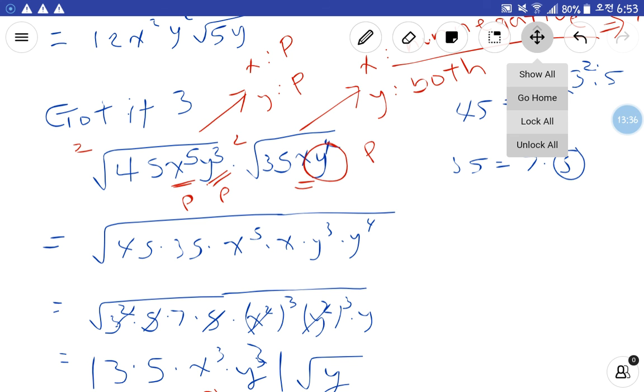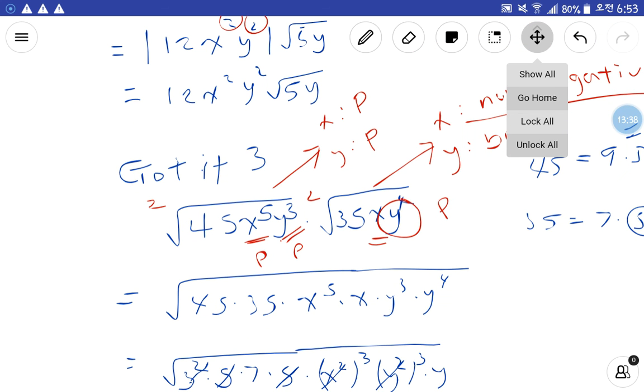You already confirmed that your x is positive, then apply that to the other expression. Also, 45x to the fifth power y cubed, you already said that your x is going to be positive. Then you want to make sure that 45x to the fifth y cubed is positive so that you can determine the value within the radical, because we are always working with real numbers this time. We don't think about imaginary numbers anymore. So your x is positive, then your y needs to be positive. So you confirm that both are positive.